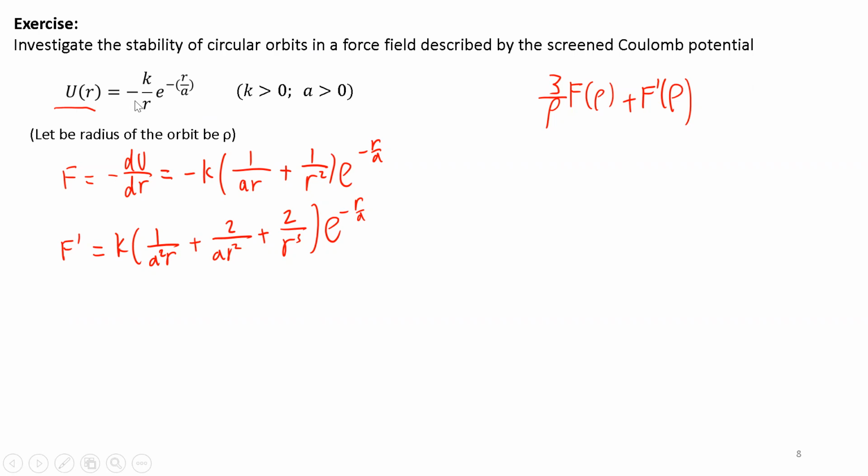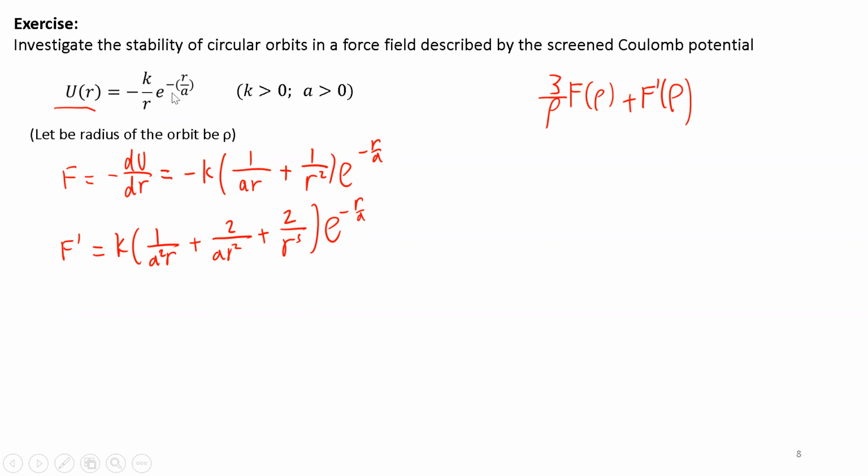But what you can see at least is the behavior of this potential. So what does it look like? If you don't have this exponential factor, then you just have this minus k over r. That is the pure Coulomb problem, right? But now you are multiplying this minus k over r with another decaying function.